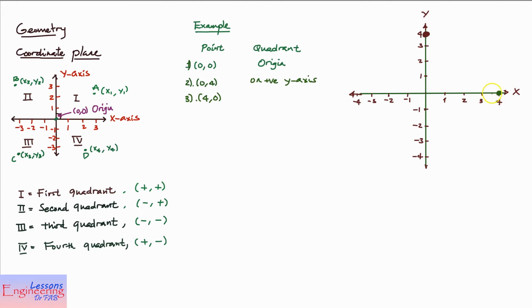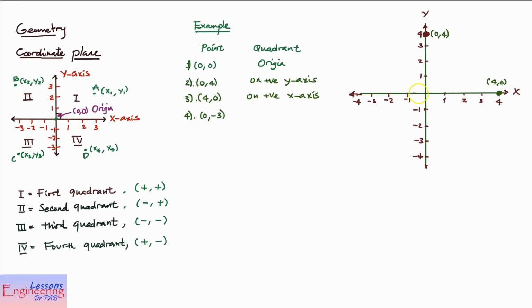So the point is 4, 0, and mind you, that was 0, 4 before. So 4, 0 is on the positive x-axis.